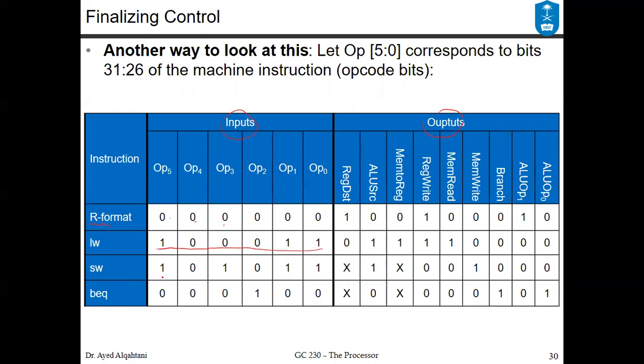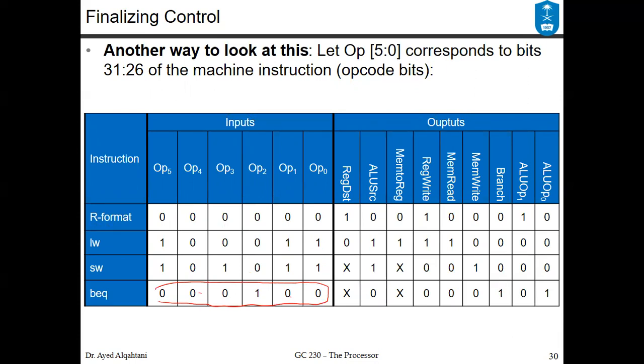The store is 43, and this is 43. And the branch equal is 4, and this is 4. So that's what the control sees. If it sees 0, 0, if it sees 4, 0, 0, 1, 0, 0, 0, it generates those directly in the control lines. And they don't care. It's just a matter of choice. Sometimes it's 0, sometimes it's 1. Both of them are okay.